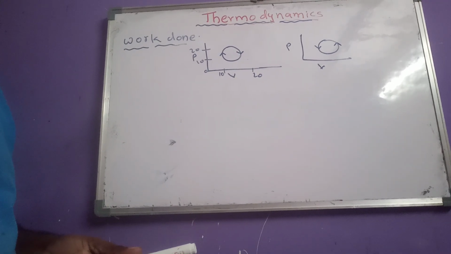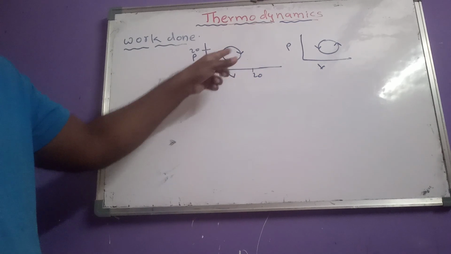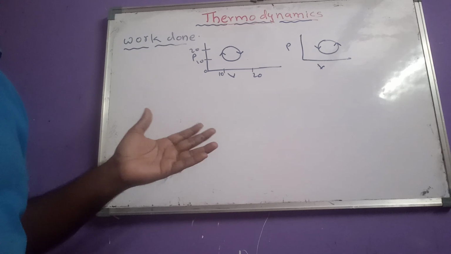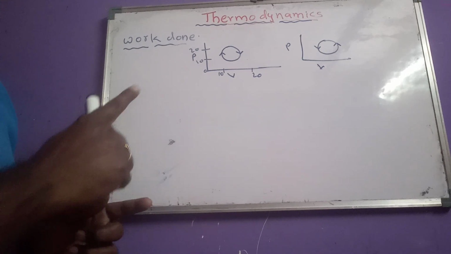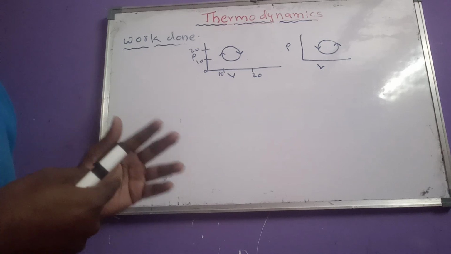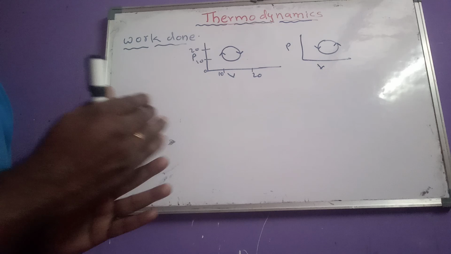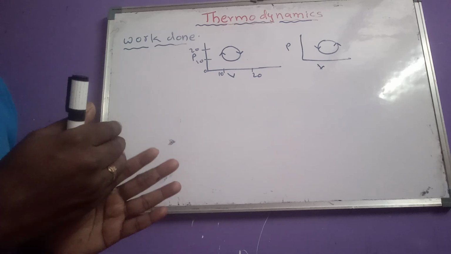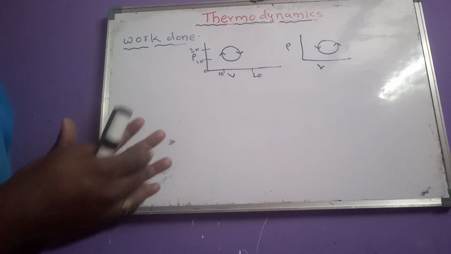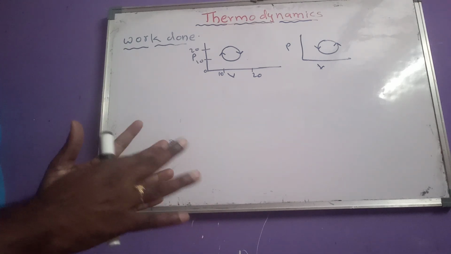How to remember? It is very easy to remember. For example, clockwise direction: we know that in our wall clock we can see the movement in the clockwise direction. Of course we are not applying any force to move it clockwise. That means the work is done by the system only.